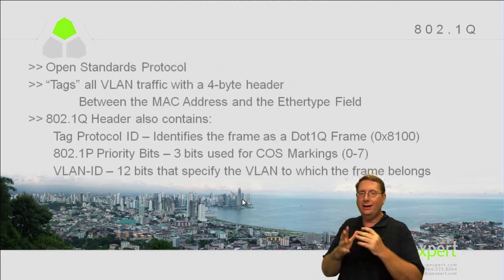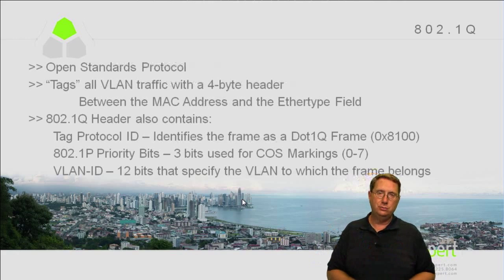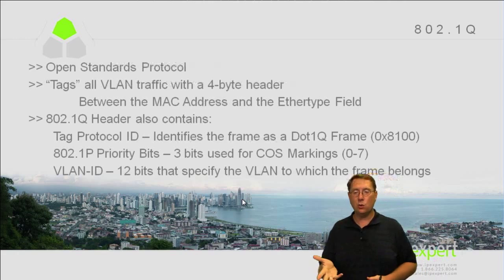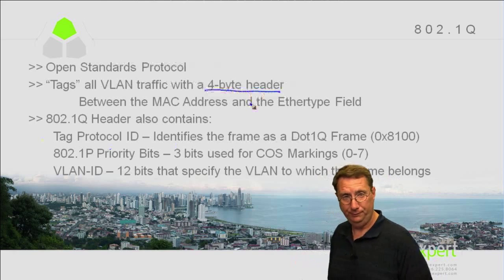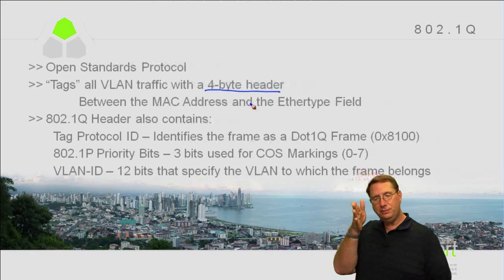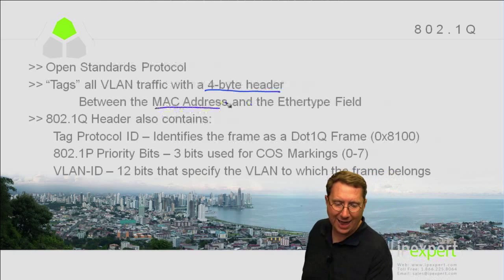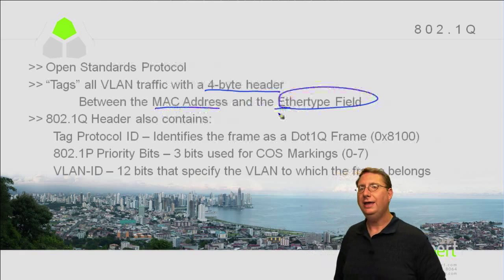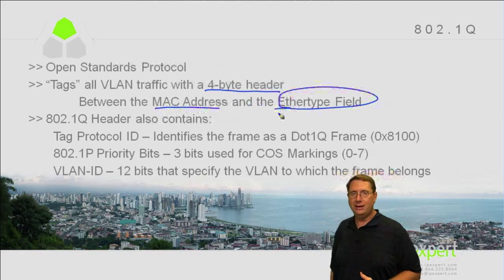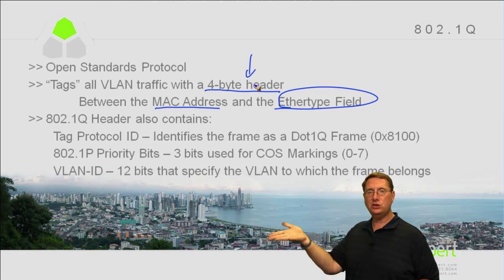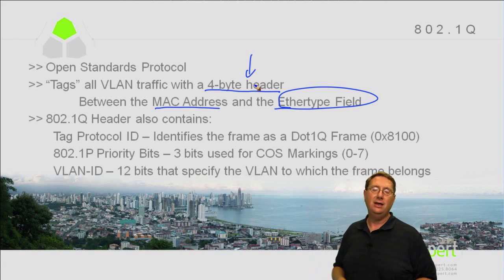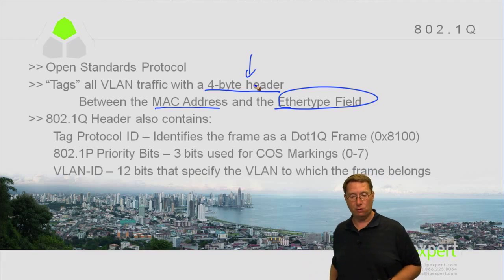Obviously, it's not an actual numeric representation like that, but it is going to be a 4-byte header. That 4-byte header is shimmed between the MAC address and the ether type field in our frame. The moment that this 4-byte header is inserted, I know that frame is associated with the VLAN contained inside of that 4-byte header.